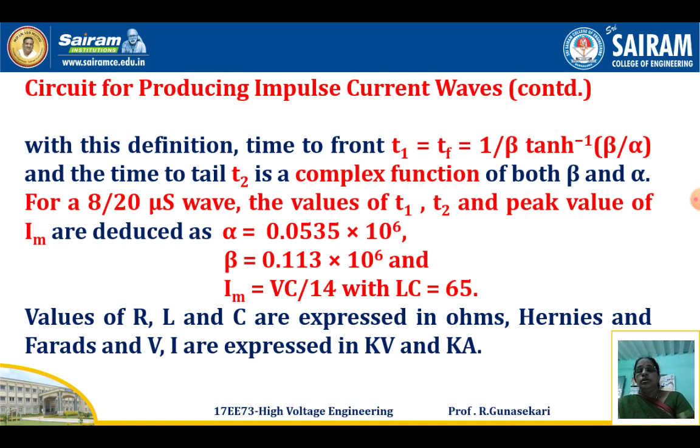The final conclusion is that the values of resistor R, inductor L and capacitor C are expressed in ohms, henries and farads, and the voltage and current are expressed in kilovolts and kiloamperes, because this comes under the generation of high voltages and high currents. So high voltage means kilovolt, and high current means kA only.